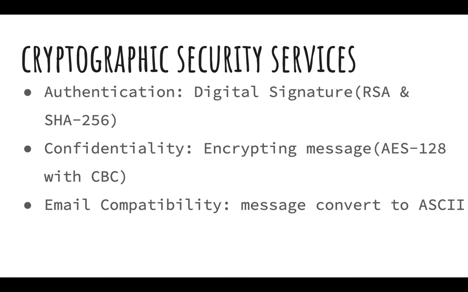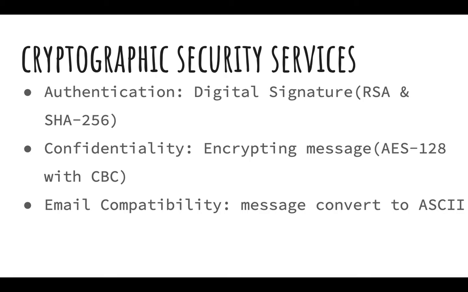S-MIME provides confidentiality by encrypting the message. Most commonly, AES with a 128-bit key is used. With the cipher block chaining mode, the key itself is also encrypted, typically with RSA.